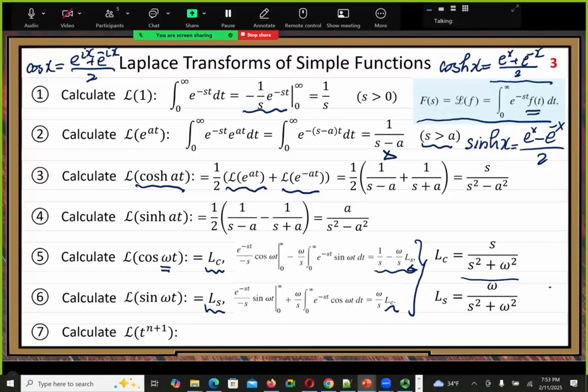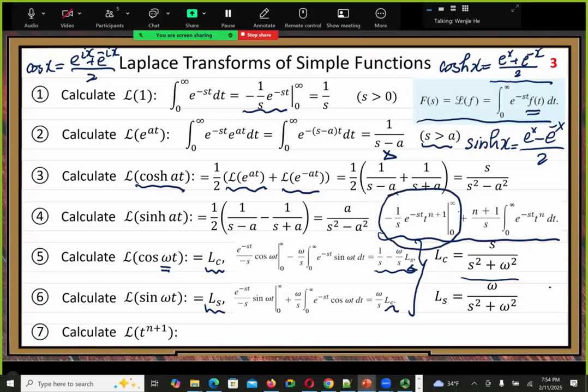So here you do the integration by parts like that. And when you plug in the two integral limits, the first term is gone.